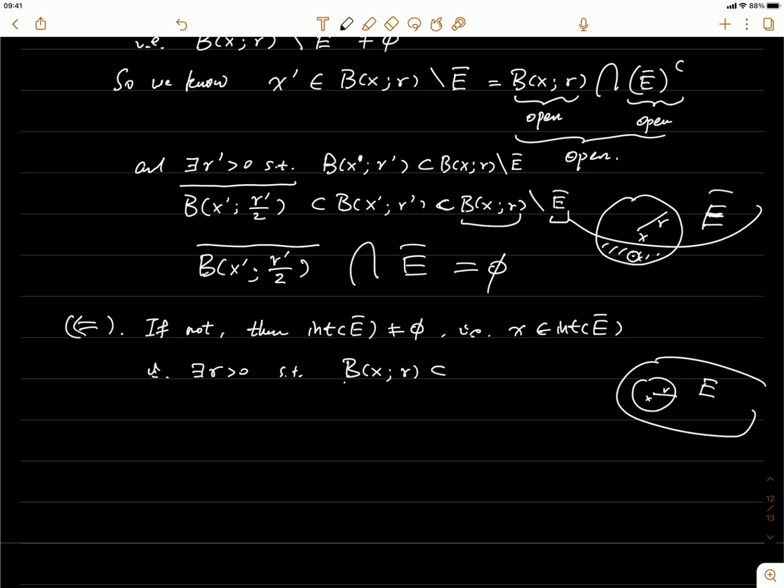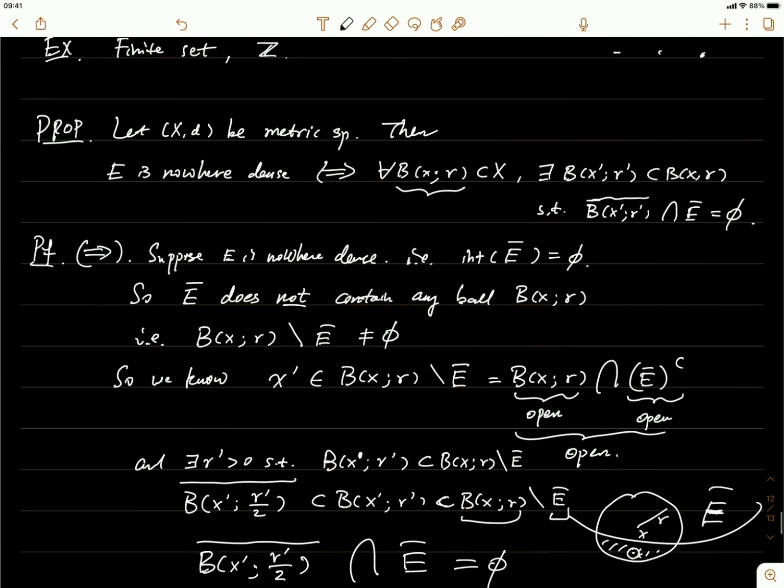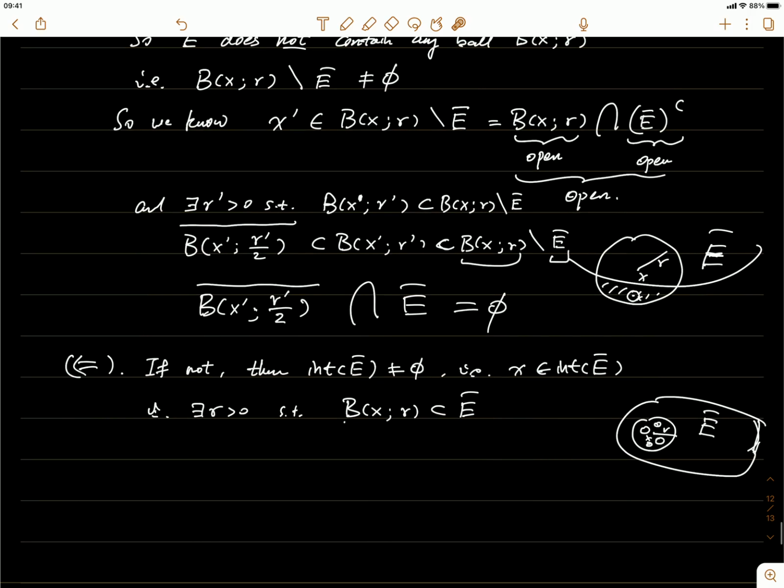If x is in the interior, it means that this must be inside here. We already know that's inside the E bar. So it doesn't matter which ball you have, the closure of that must also be inside the E bar.